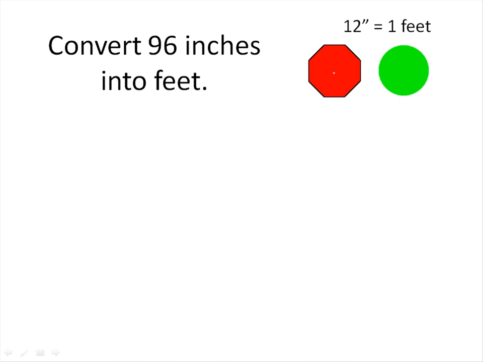Okay, let's see how you did. Well, we have 96 inches, and we want to convert that into feet. So we're going to multiply that times 1 by saying 1 foot, that one little mark means feet, is 12 inches. This is just 1 now.